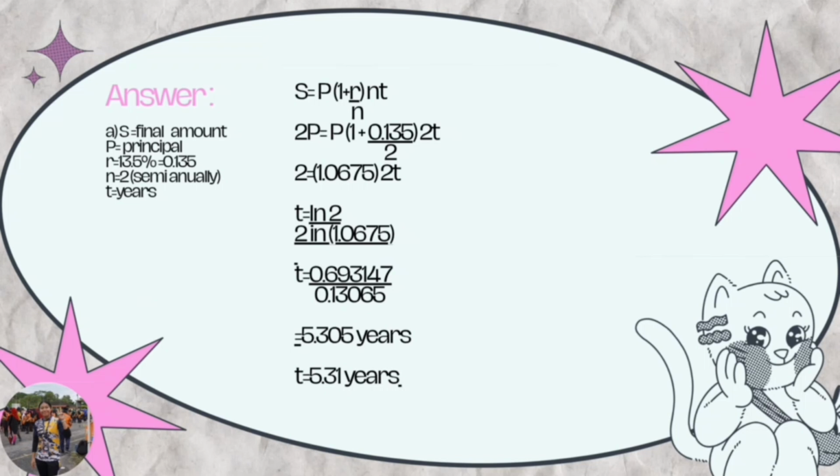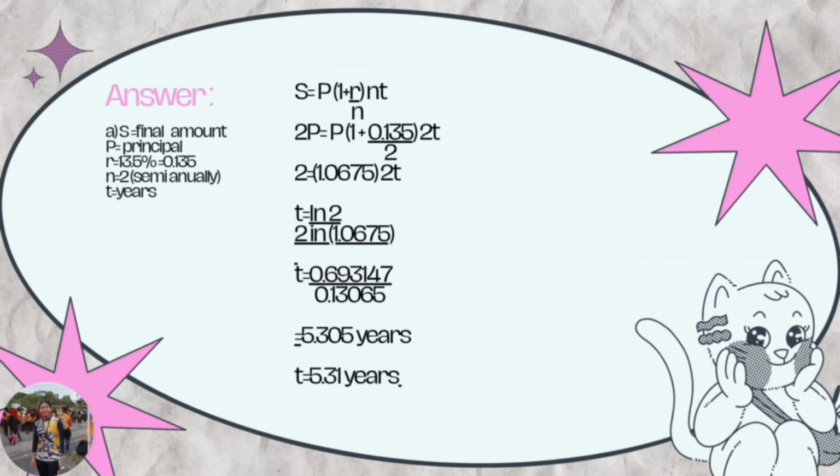A. 2 times P equals 2 times 12,300 become 24,600 in the values, and so for T. 24,600 equals 12,300 open bracket 1 plus 0.135 equals 2 close bracket to T, both sides by 2,300 and become 2. 2 equals open bracket 1 plus 0.135 equals 2 close bracket to T and become 2 equals open bracket 1 plus 0.0675 close bracket to T and 2 equals open bracket 1.0675 open close bracket to T. Using in calculator of both sides.